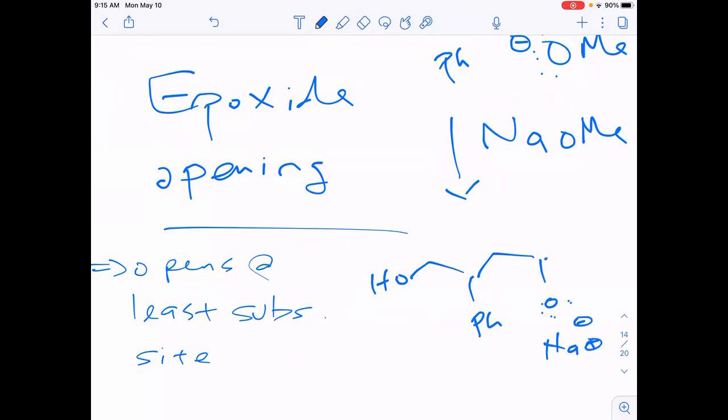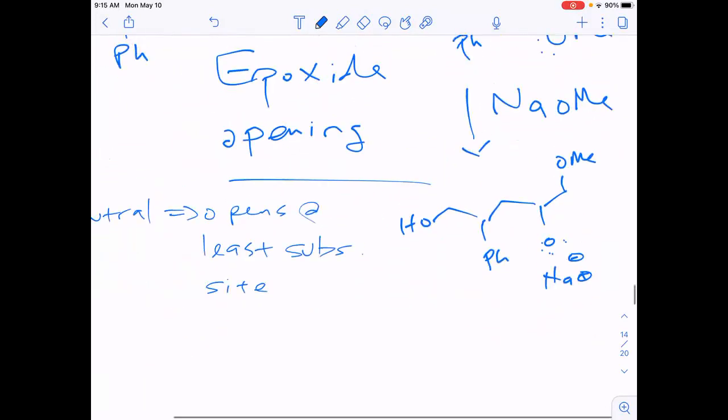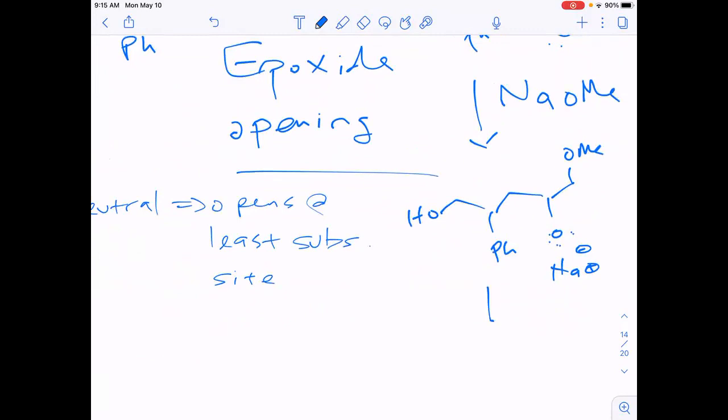And then on the other carbon, I have the methoxide group that opened that up. Obviously, you're going to have to quench that, right? So you can just add in any proton source and that'll quench it.